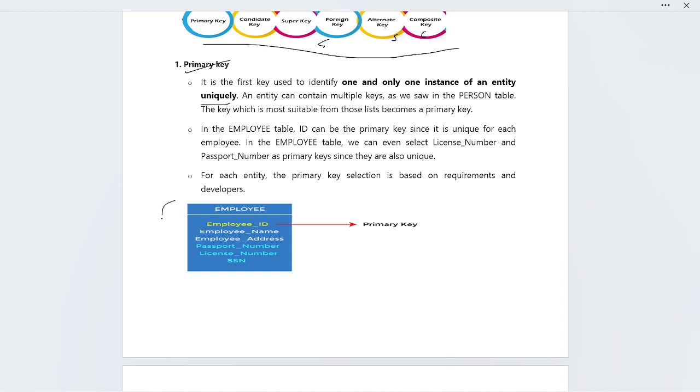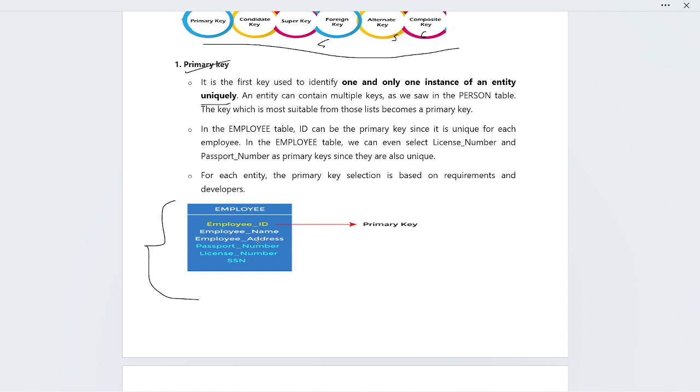As an example, we can see an employee table with employee ID, employee name, employee address, passport number, license number, and SSN. How can we identify the primary key in that? Employee name could be common for two, three, or many records.